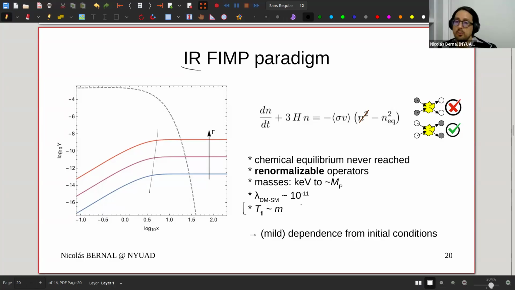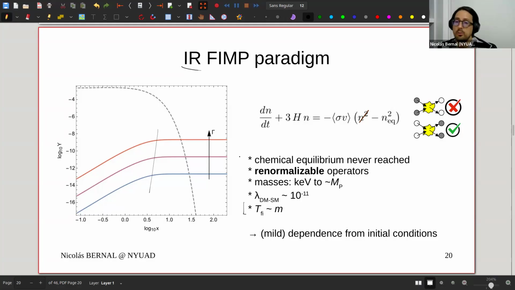In the infrared version of FIMPs, you want to have renormalizable operators. And renormalizable operators means that you will have to have very small couplings, portal couplings between the dark sector and the visible sector. And typical numbers are 10 to the minus 11. So very small portal couplings.